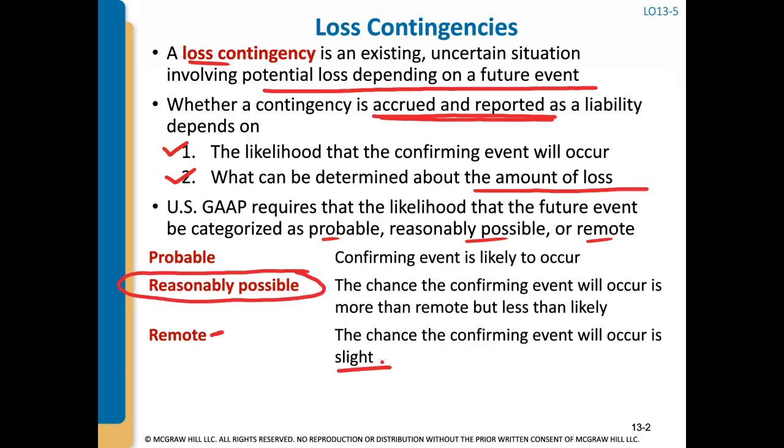If the chance of the event, the lawsuit or the tax dispute, is more than remote but less than likely, or less than probable, then it's just reasonably possible. And depending on where these fall will be the start of determining how it's going to be reported in the financial statements.